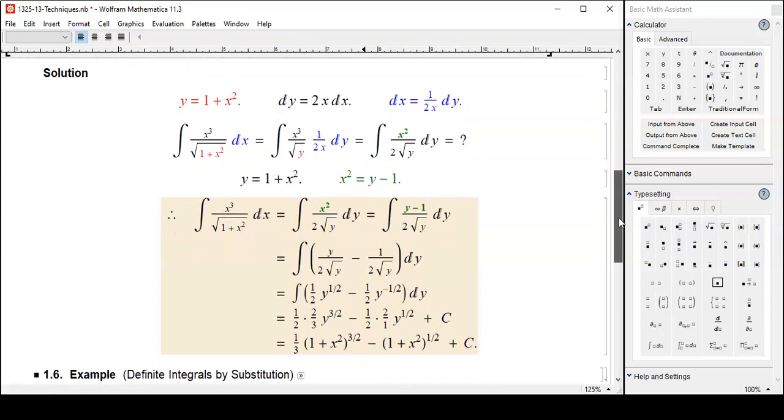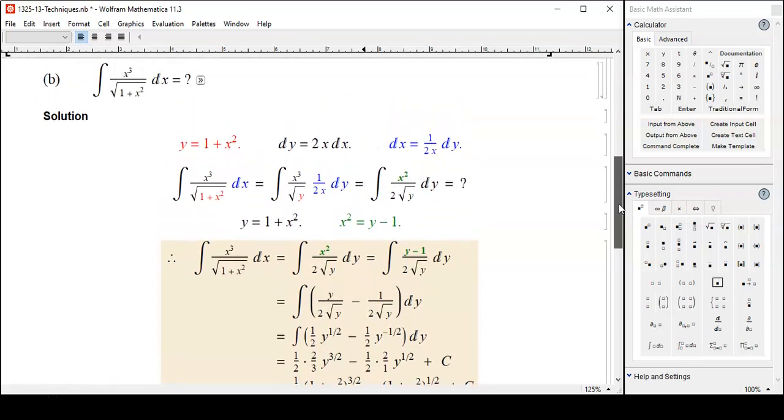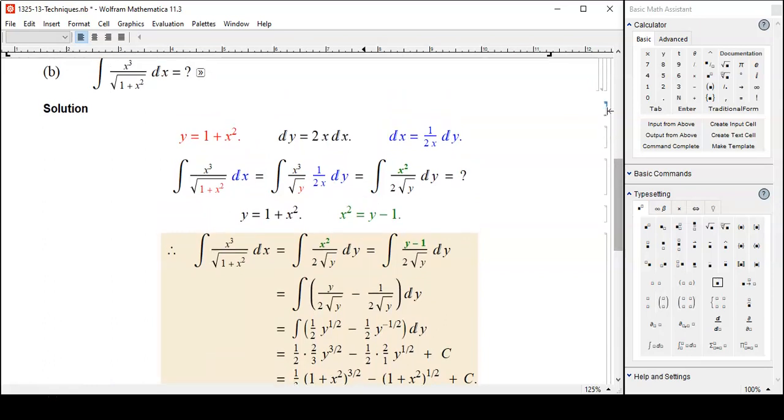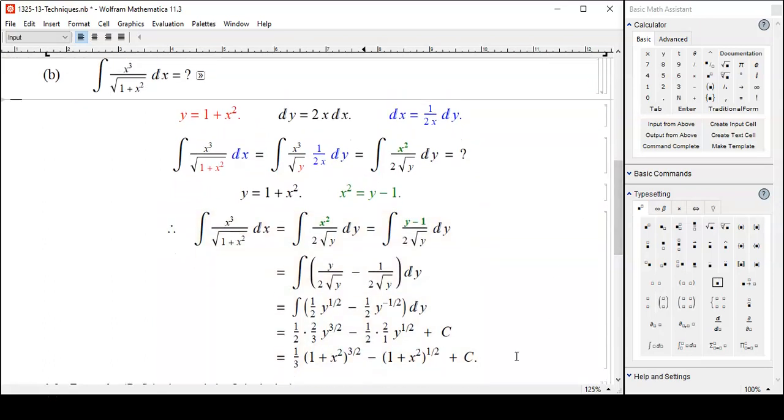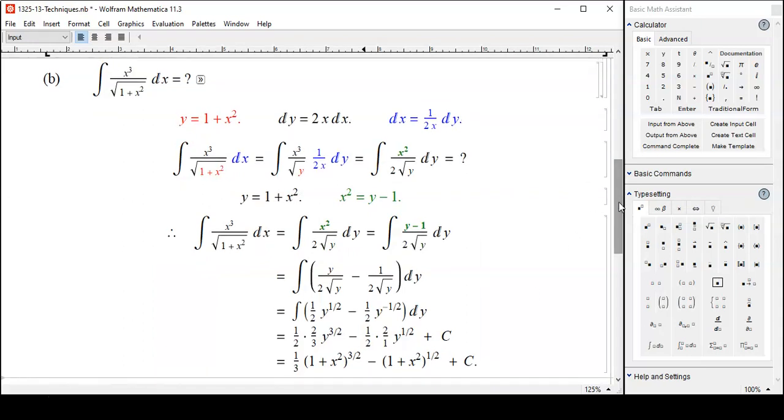Well, not in the same viewing window, I guess. Okay, now everything is in the same viewing window, barely, but they are.